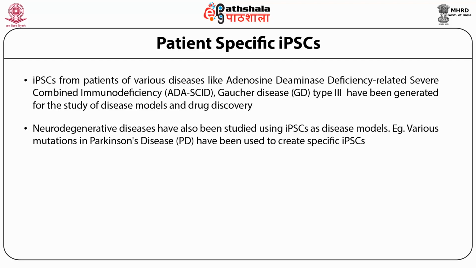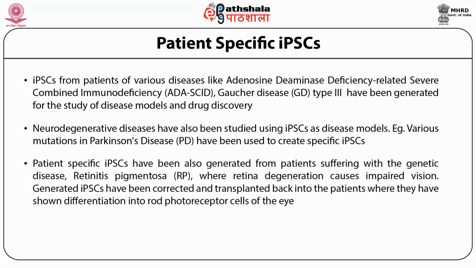Then patient-specific iPSCs have also been generated from patients suffering from the genetic disease called retinitis pigmentosa. This is a genetic disease of the eye where retina degeneration causes impaired vision.